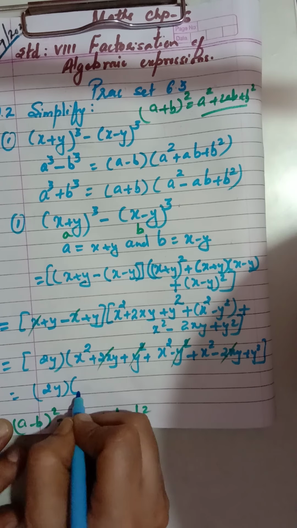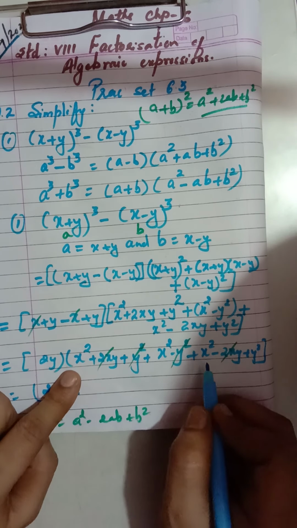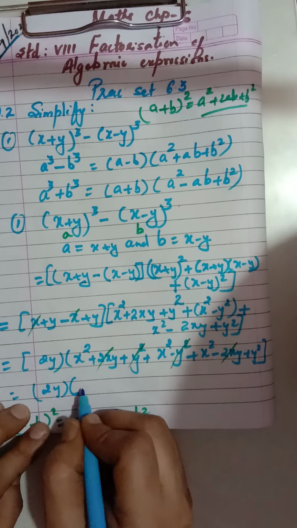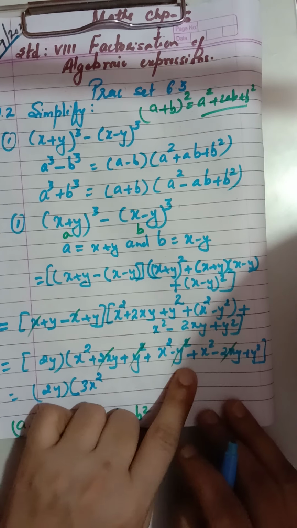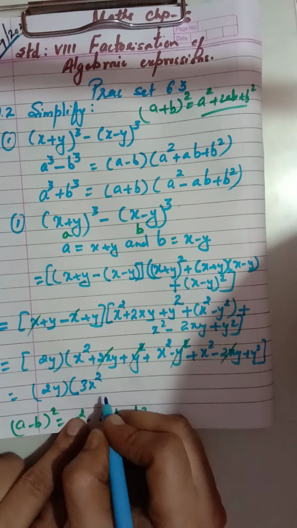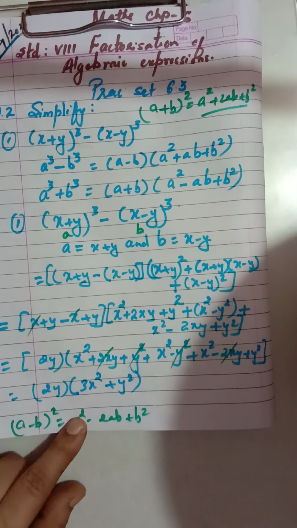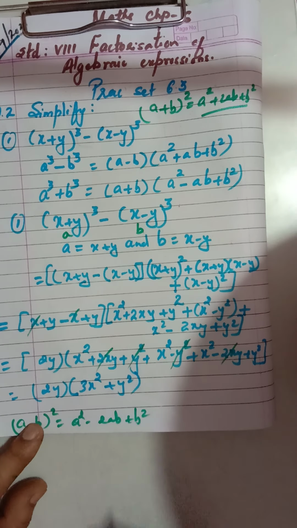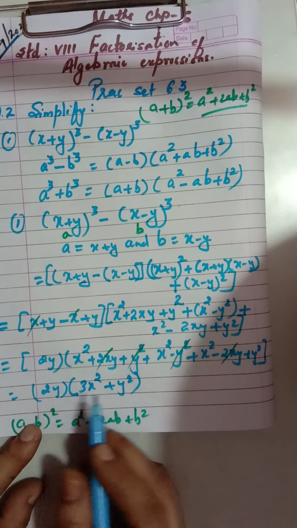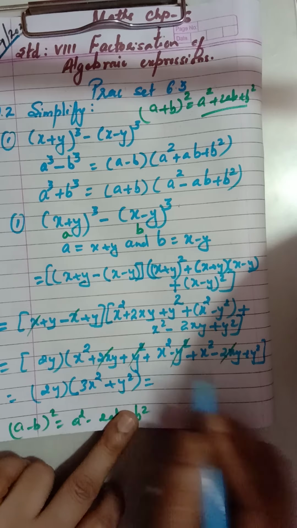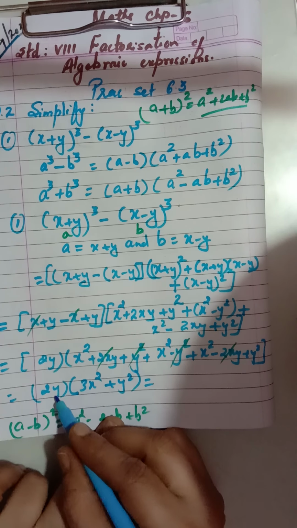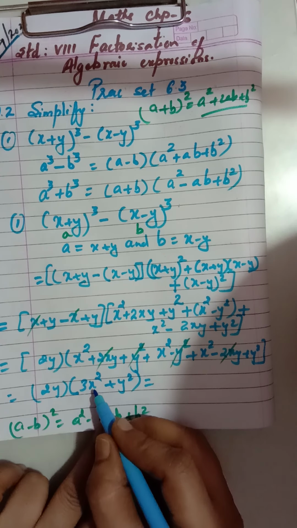So what is remaining? 2y into x square plus x square plus x square. How many x square are remaining? 3x square. Now what other term is remaining? Plus y square. 3x square plus y square. Now here you will multiply by 2y. These 2y, children, you will multiply with both the terms.